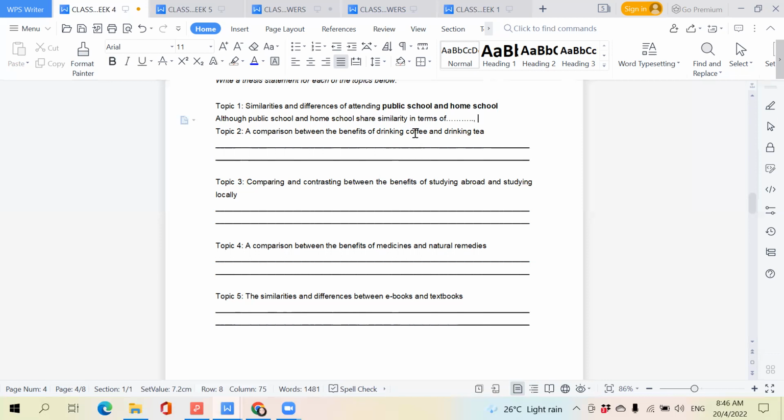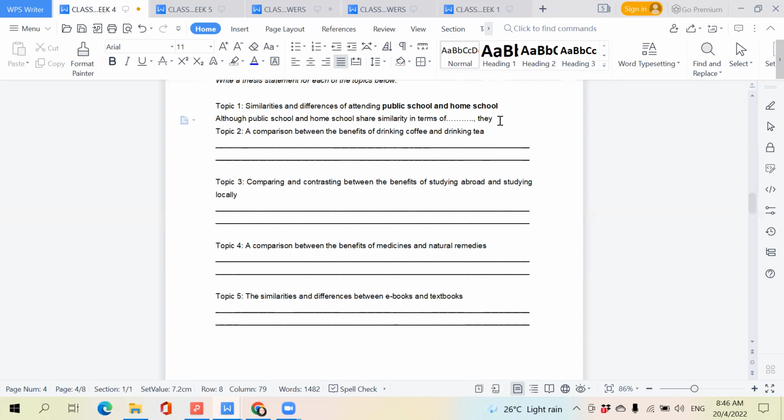So for you to write the independent clause, you need a comma. Don't forget. No comma will also cause you to lose marks. So you don't have to repeat the words. Although public school and home school share similarity in terms of, then later you say, public school and home school are different in terms of, those are redundant.